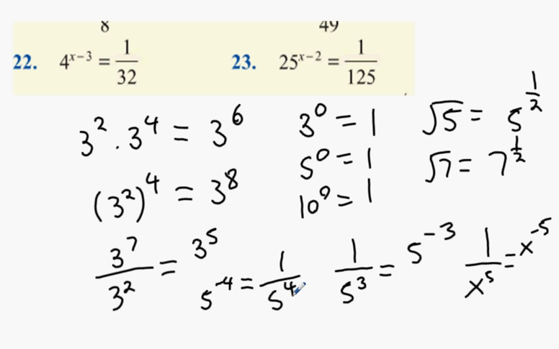See the pattern between all of them? 5 to the power minus 4 is 1 over 5 to the 4. 5 to the power minus 3 is 1 over 5 to the 3. X to the power minus 5 is 1 over x to the 5.